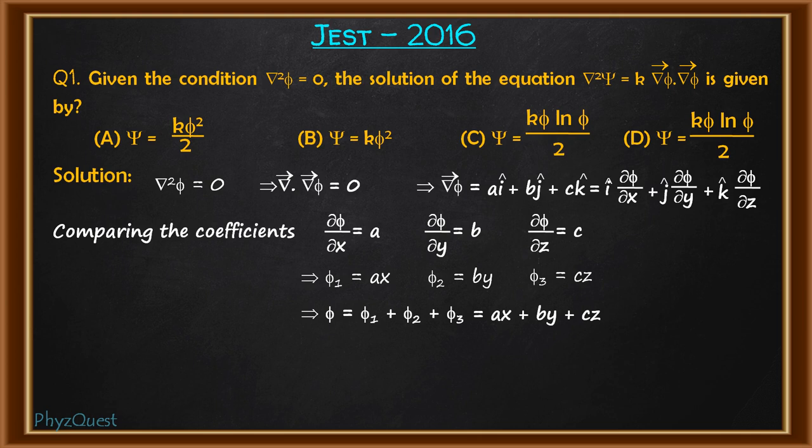Now this is about del square phi that we have analyzed. The real question is the del square psi expression. Del square psi is k gradient of phi dot gradient of phi.